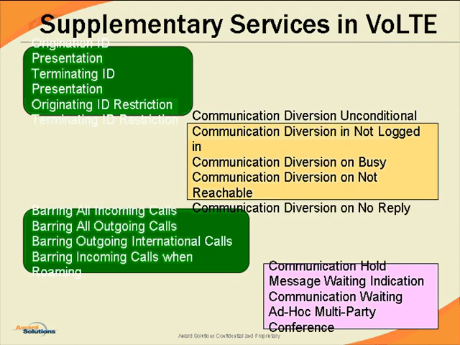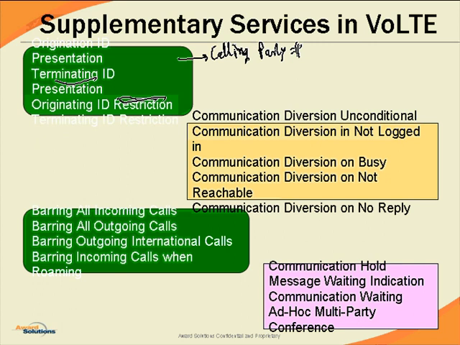Here are some examples that we are aiming for. Originating ID presentation: whoever is the calling party, that number will be presented. Terminating ID restriction: if you do not want to show such a number, then we can restrict, we can block.